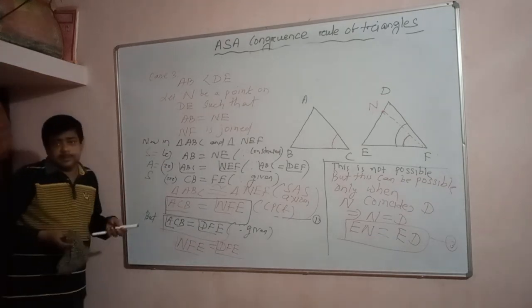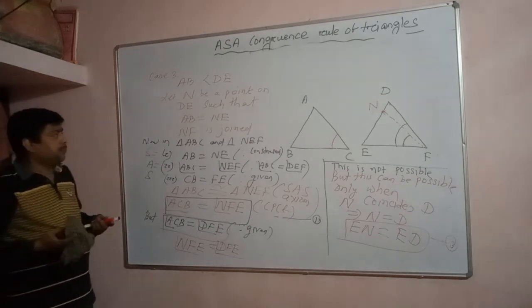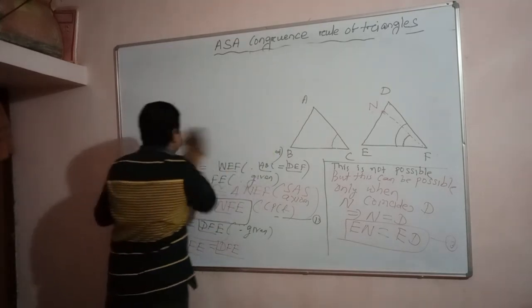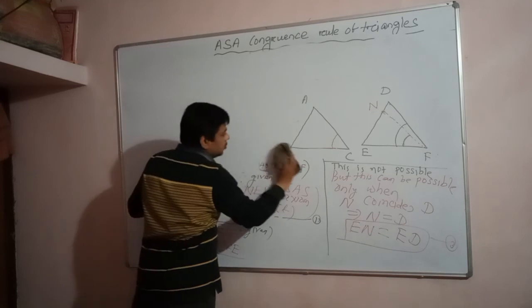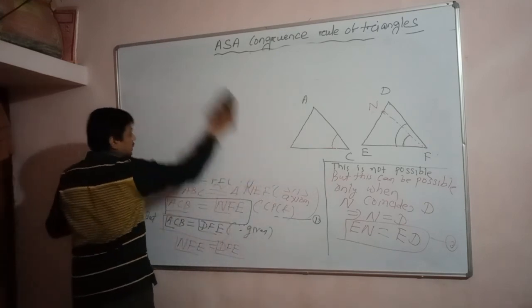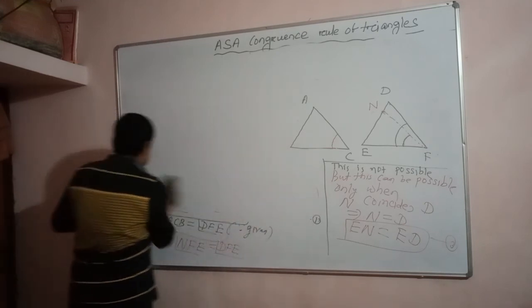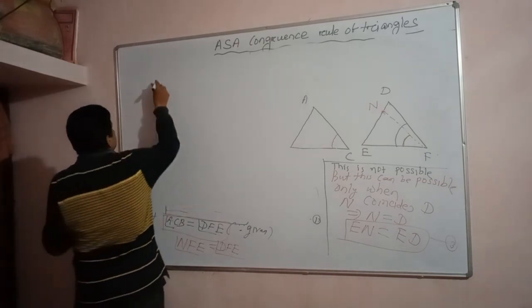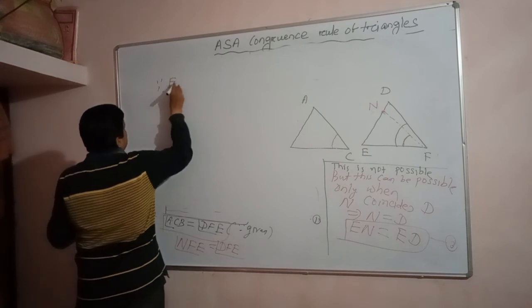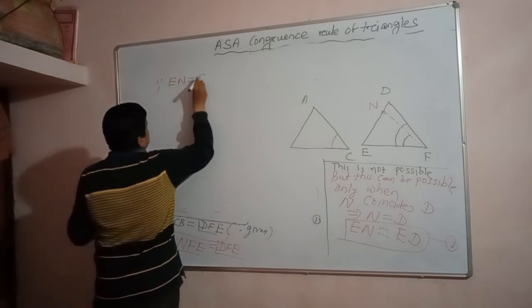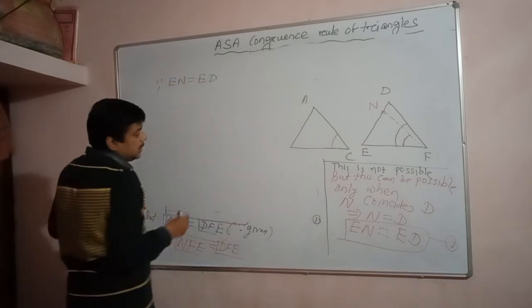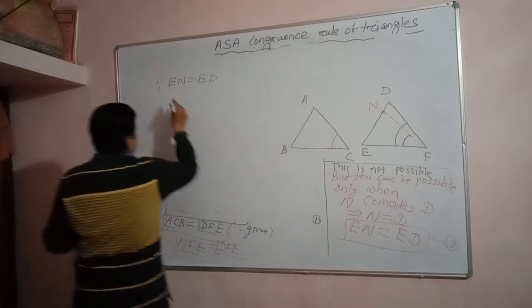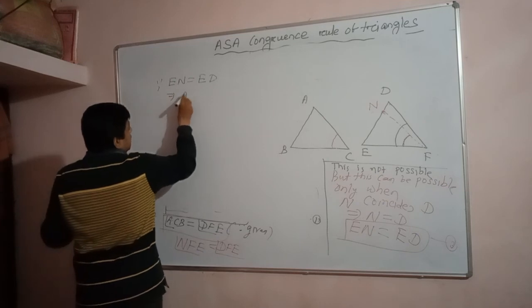So look at this. Okay. Write down. Since EN is equal to ED, we have written here ED. Now that implies, but AB is equal to what?